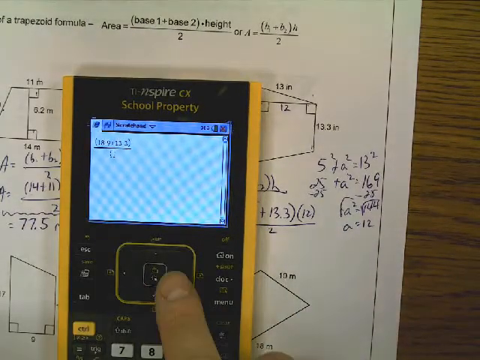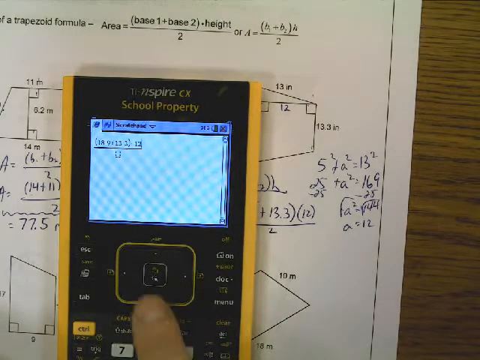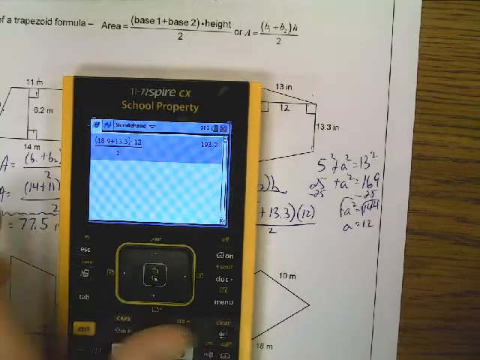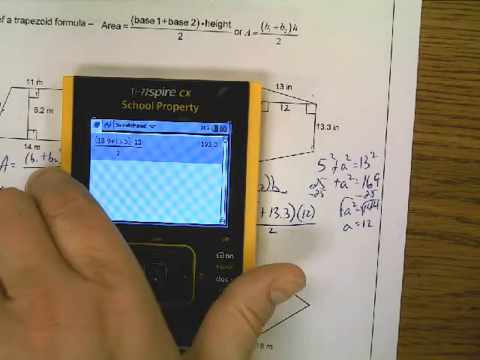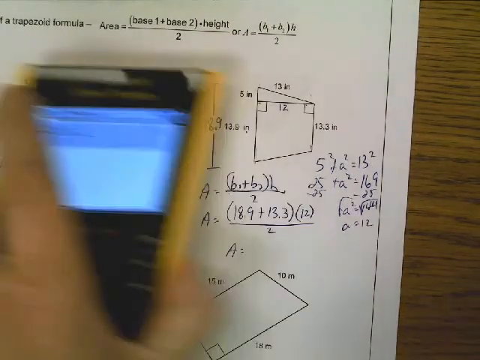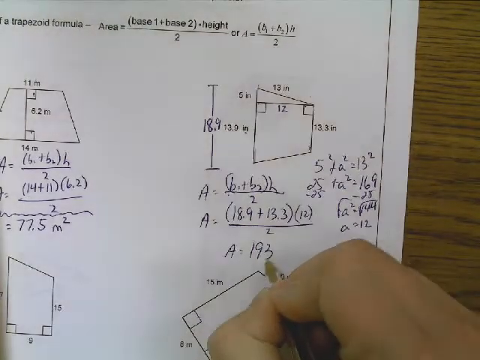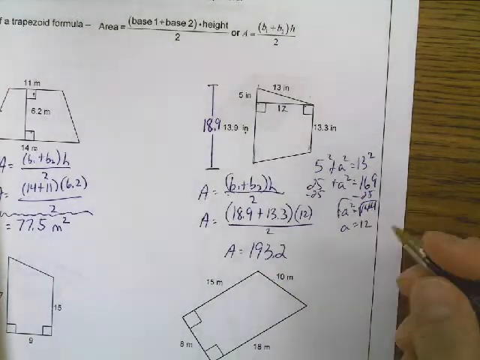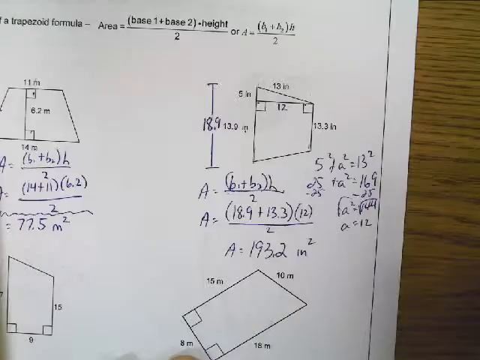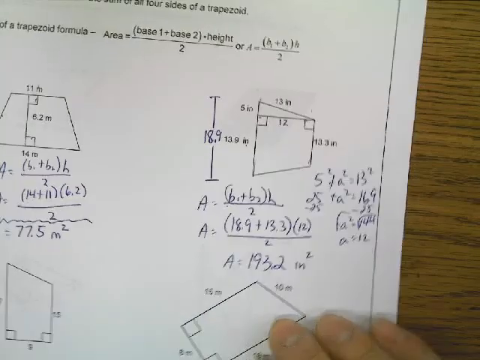And then close, and then times 12 over 2. And I get 193.2. So that's going to be 193.2, and it is in inches squared. Area is always in inches or units squared.